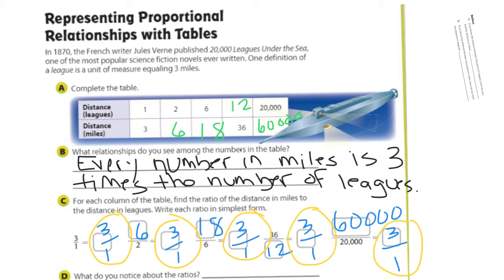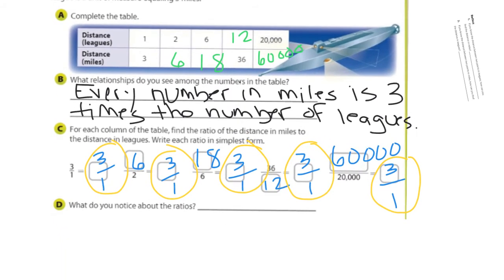So what do you notice about them? I would say that I notice they are all equal to 3 over 1. That's what I noticed about them. I hope you did too.